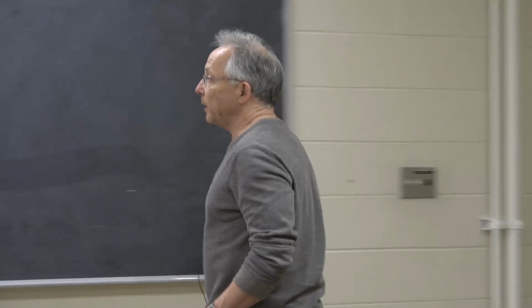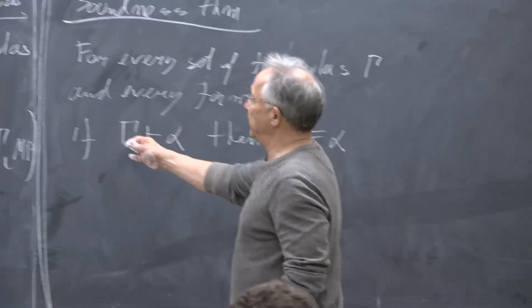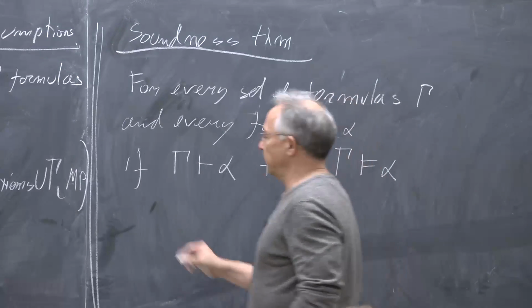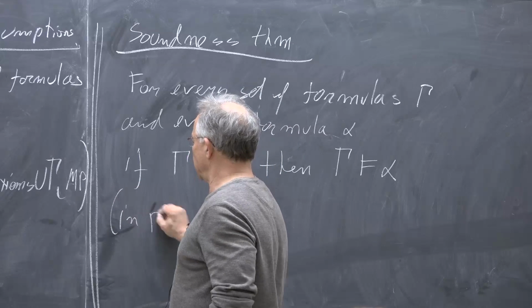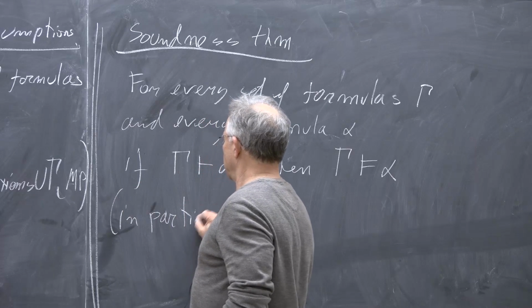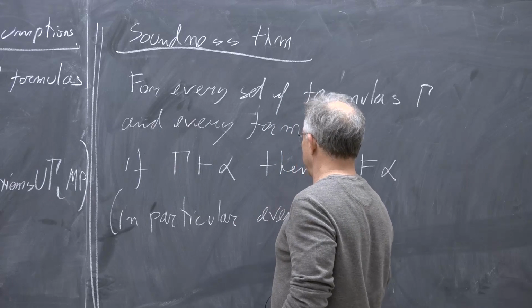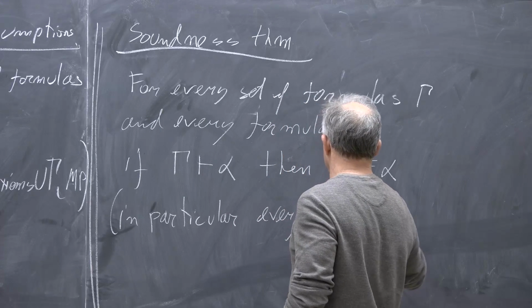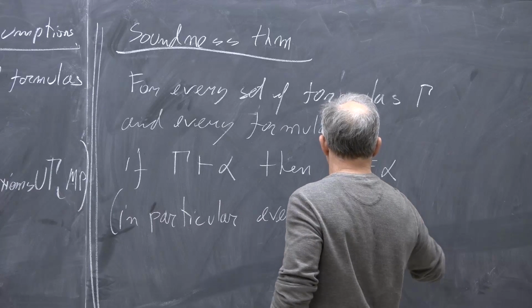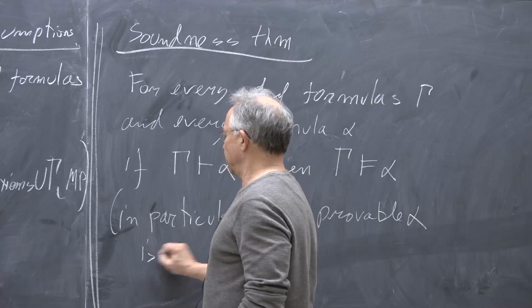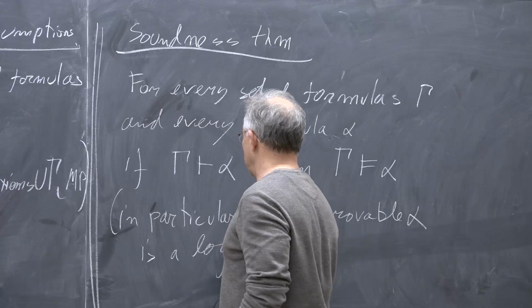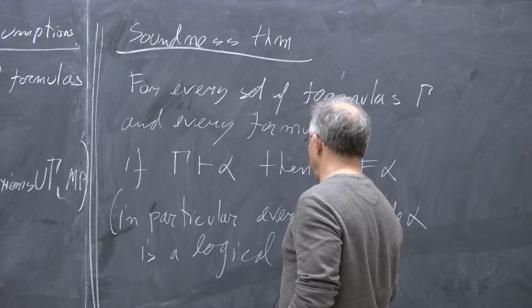Right? And in particular, if we put gamma to be the empty set, every provable alpha is a logical truth.